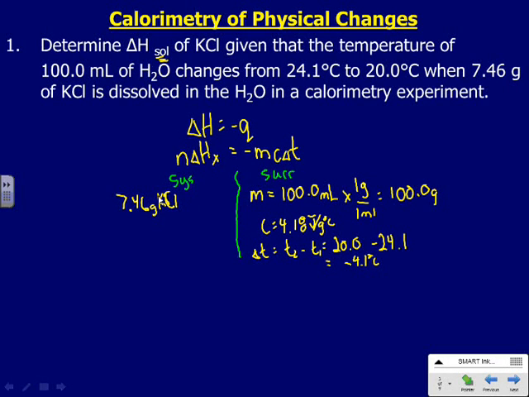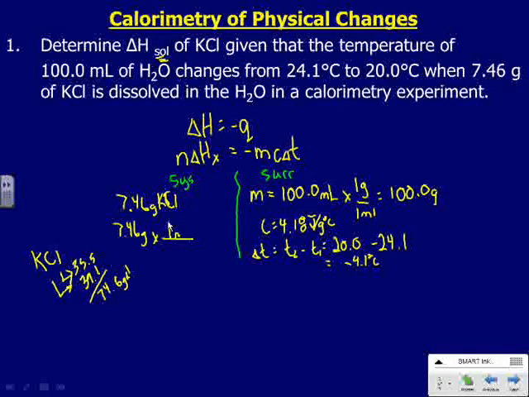Well, in order to complete this side, I can't put grams in there. I need moles. 7.46 grams times, I need the molar mass of potassium chloride, chlorine 35.5, potassium 39.1, and when I add those together, I get 74.6 grams per mole, and so 1 mole is 74.6 grams, and if I divide that off, I get 0.100 moles for significant digits.